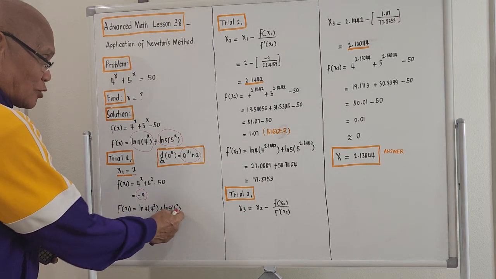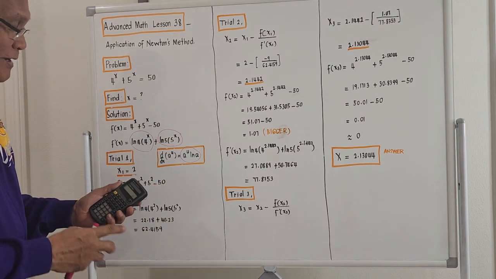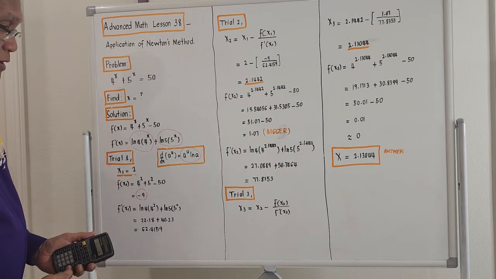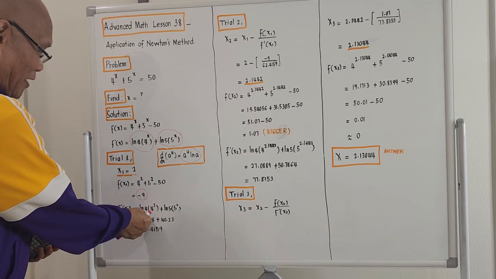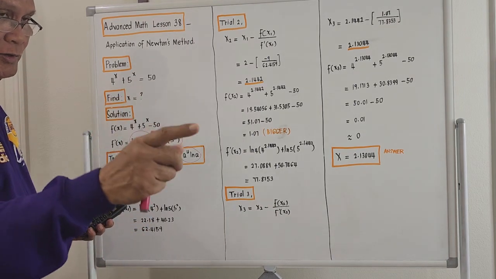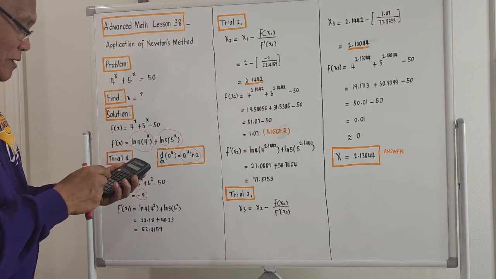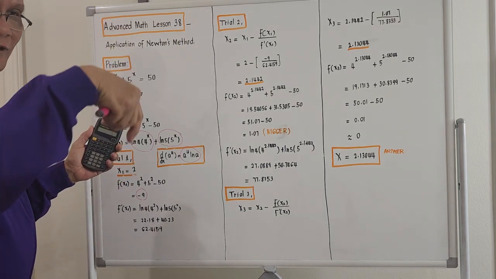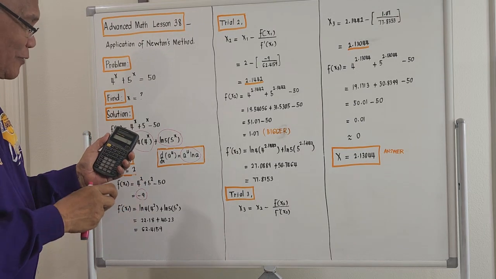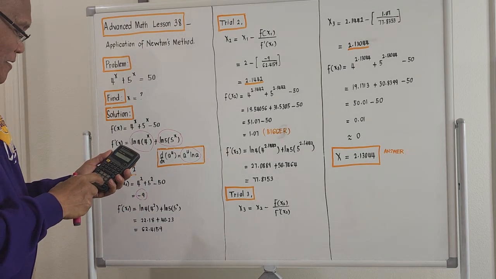We calculate this using our calculator. 4 squared, you could visualize that, is 16. This is multiplied by the natural logarithm of 4, so we use open parenthesis.